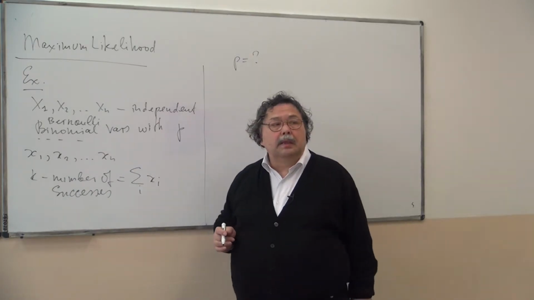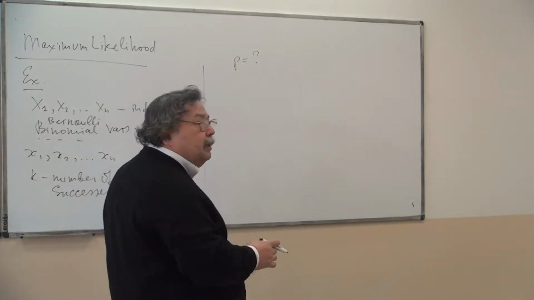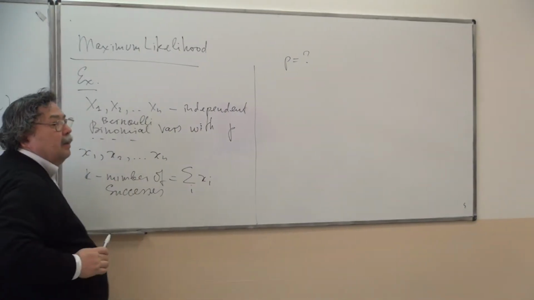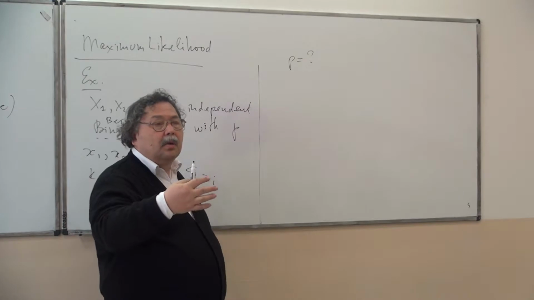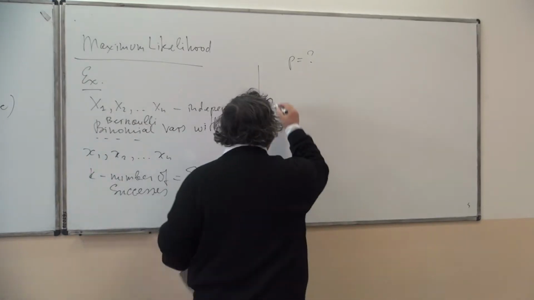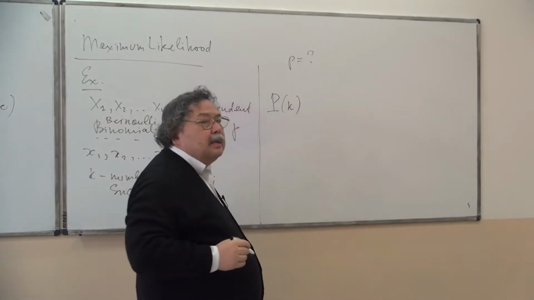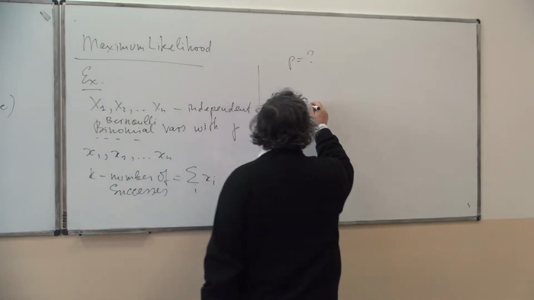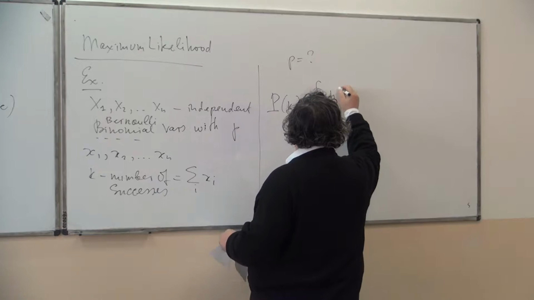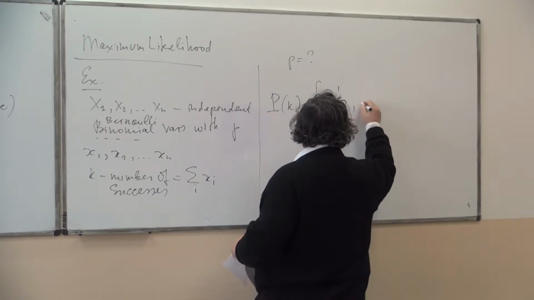All right, let's do this. Let's write down the probability that these values occur given p. What's the probability of k successes in the binomial distribution? It's n factorial over k factorial times n minus k factorial, times p to the k times 1 minus p to the n minus k.